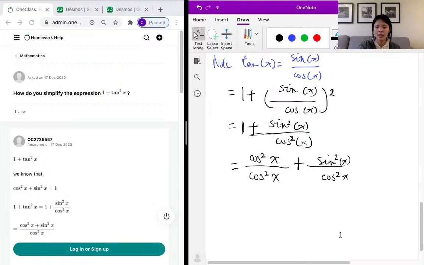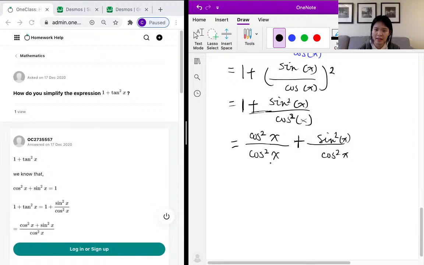Now we see that both of these fractions have the same denominator, so you can just add the numerators. So this expression is equivalent to cos squared x plus sine squared x in brackets over cos squared x.